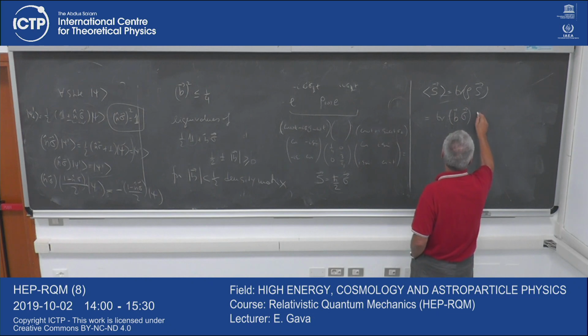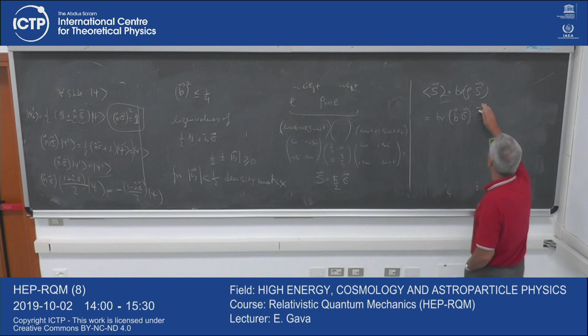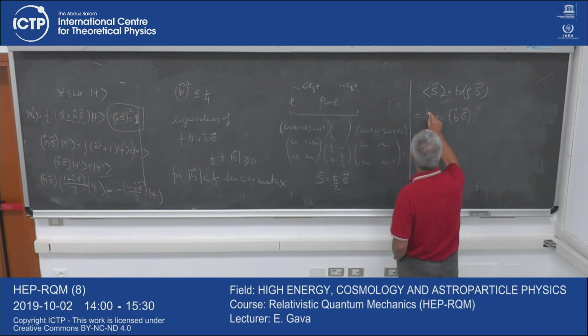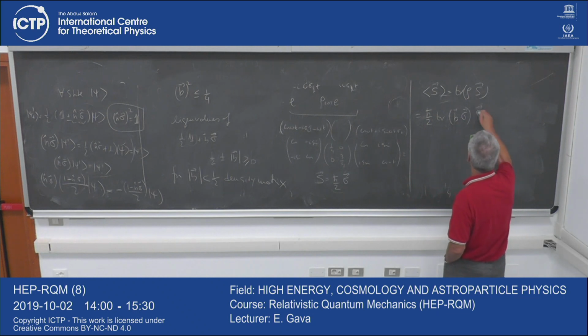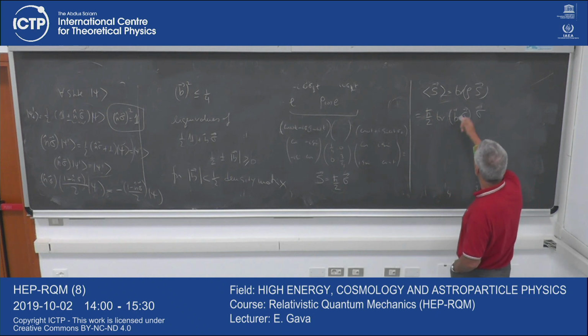Then we have S, which is h bar over 2 times the sigmas, so this is summed over, right?